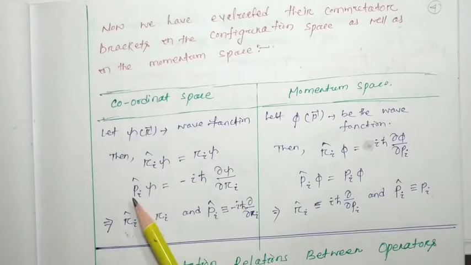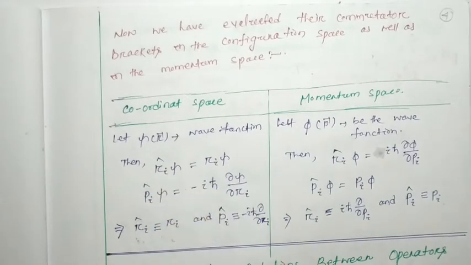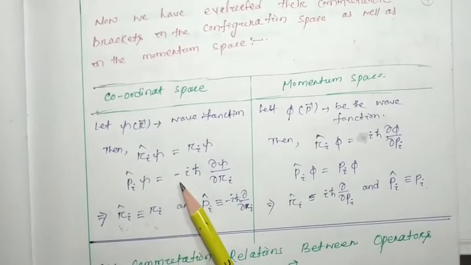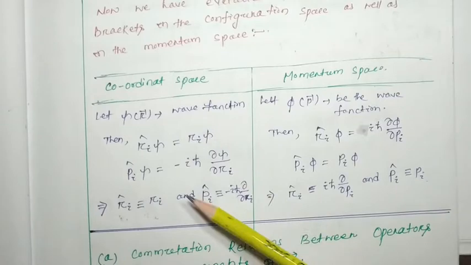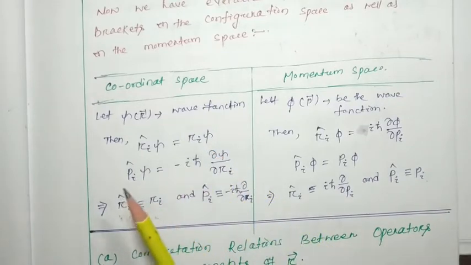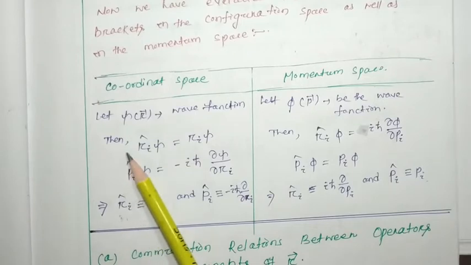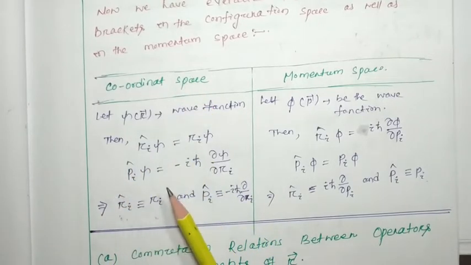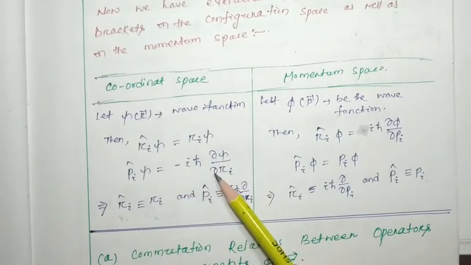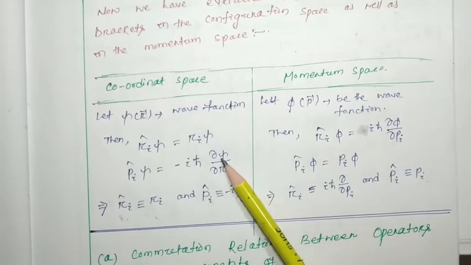And pi cap psi in the coordinate space will be equal to minus i h cross del psi by del Ri, which we derived in our previous class. That is, the momentum operator in the coordinate space is equal to minus i h cross del by del Ri, and psi is the function.